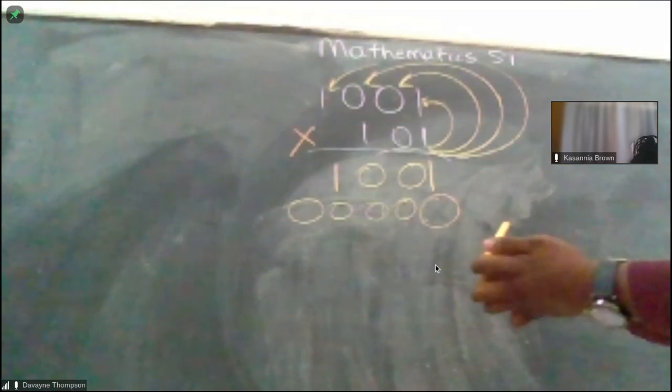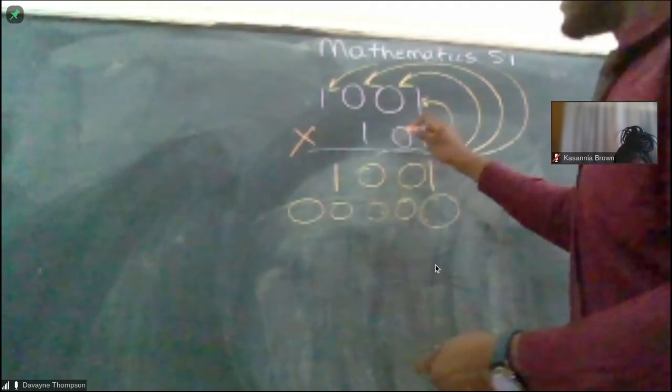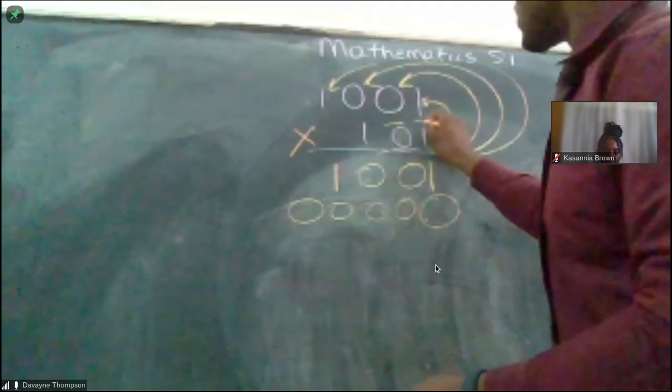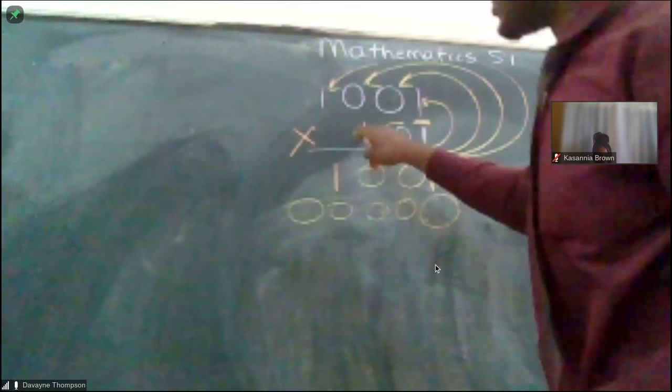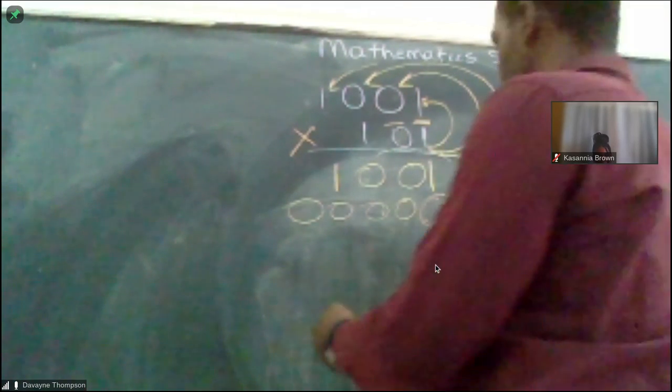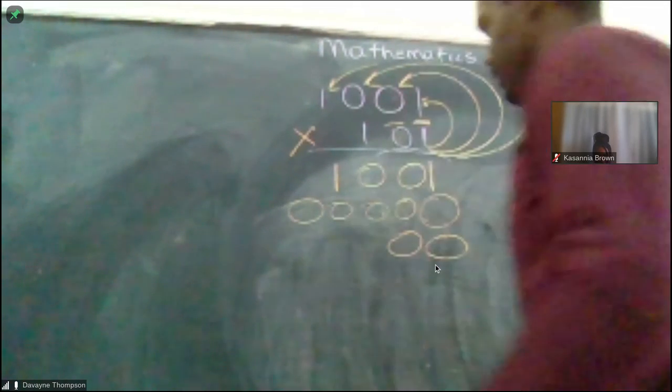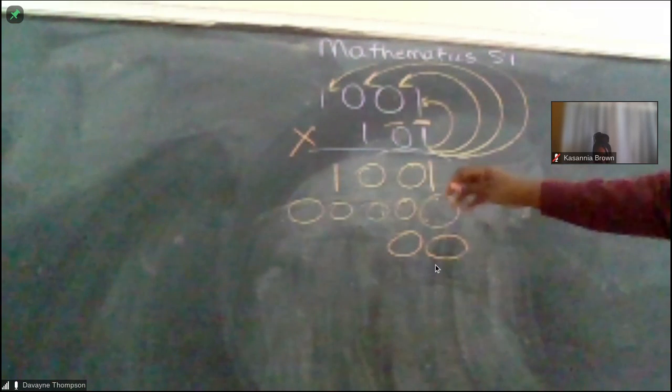Right, so I'm going to add 2 zeros to identify that I have 2 placeholders. Right? The 1 and the 0. I'm going to go to the third one now, so I'm going to add 2 zeros. 1, 2.